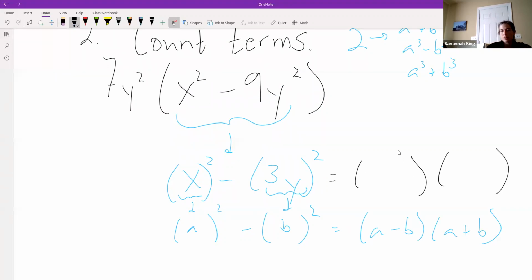It's not like the cubed formulas give us always something squared in their parentheses. But if you're starting with a squared formula, it breaks it down and gives you everything to the first power. So we've got a minus b, a plus b.